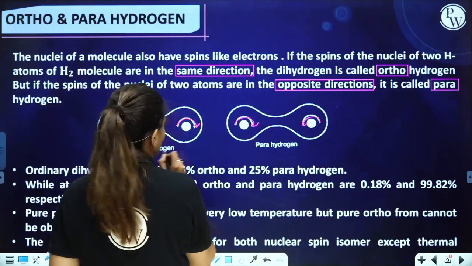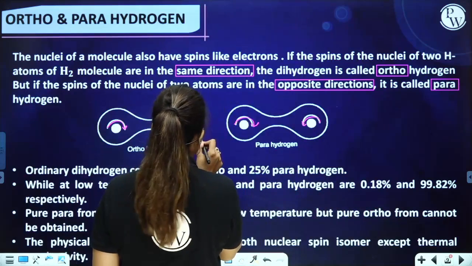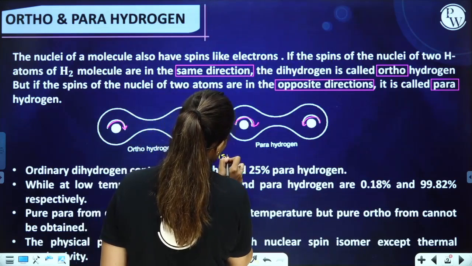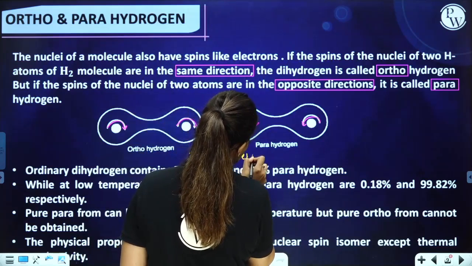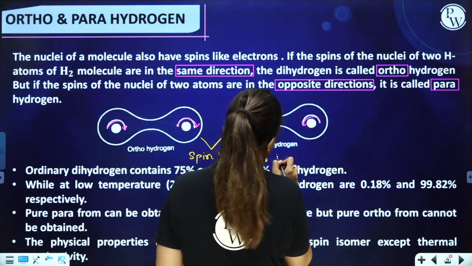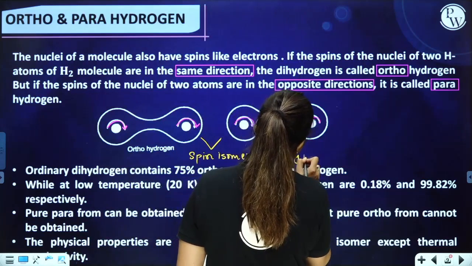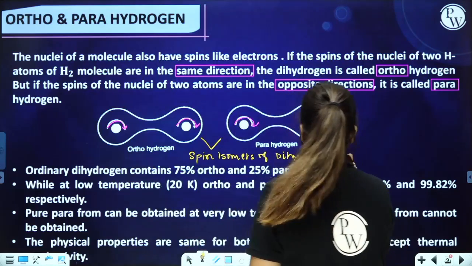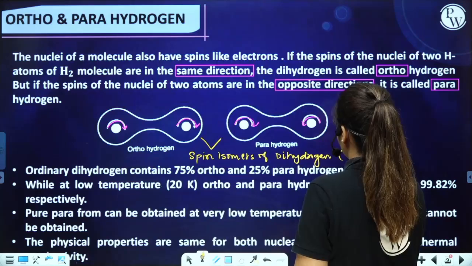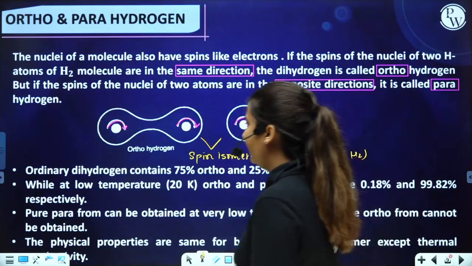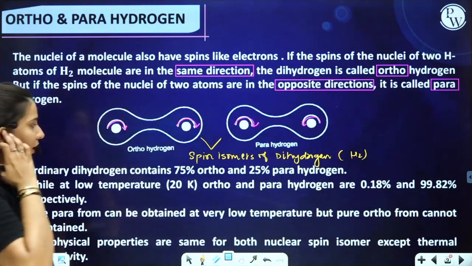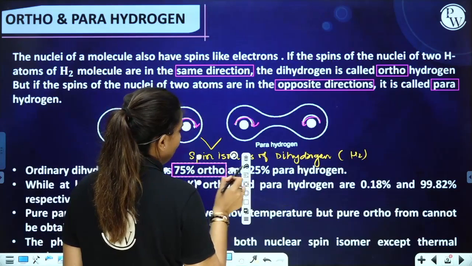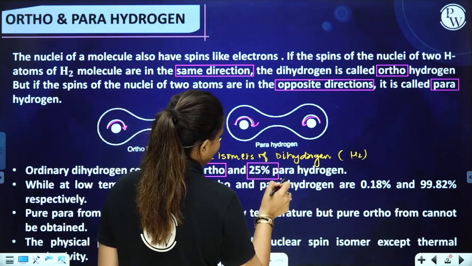This is called as the ortho, this is called as the para, and these two together are called as the spin isomers of dihydrogen, which is H2.